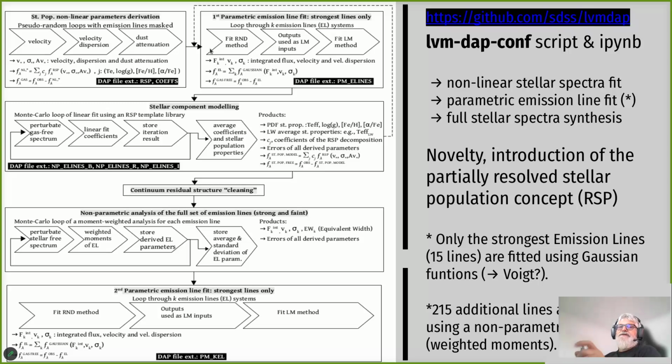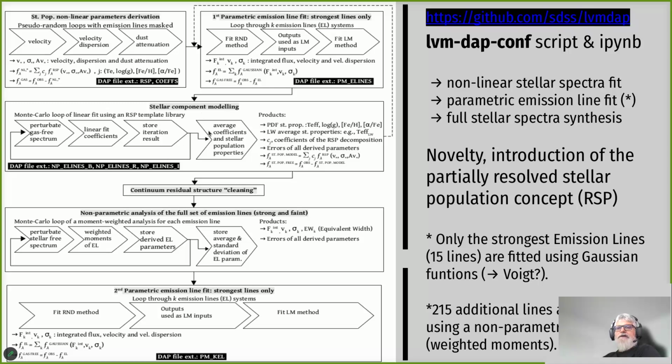So you create the inverse of what you had before, a stellar component spectra with just the stellar component, subtracting the strongest emission lines. And for this stellar component, we fit with the full library of resolved stellar population templates.